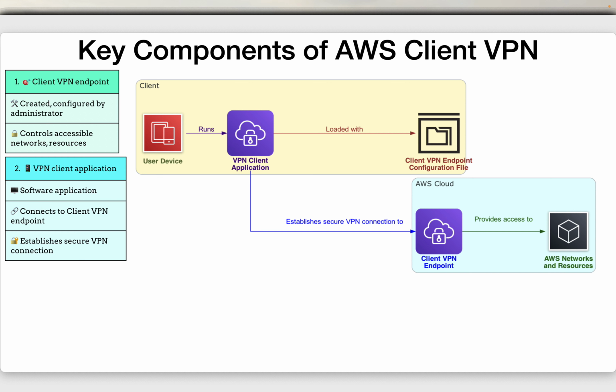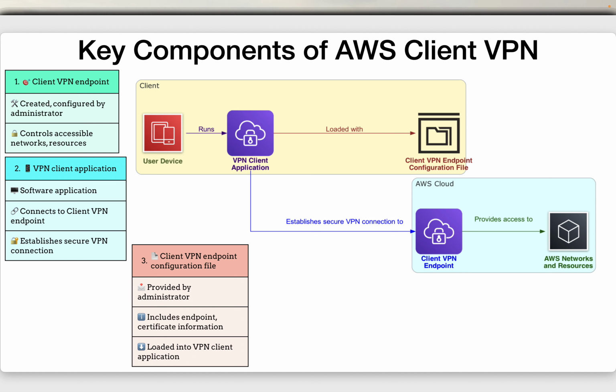And then you have the VPN client application, the software application that you use to connect to the client VPN endpoint to establish a secure VPN connection. And finally, you have the client VPN endpoint configuration file, which is a configuration file that is provided to you by your client VPN admin. The file includes information about the endpoint and the certificates required to establish the VPN connection. And basically you load this file into your VPN software.